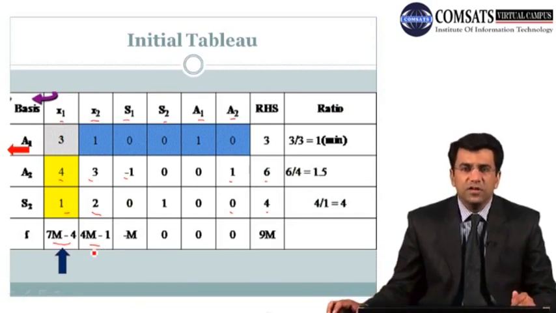So what I want you to understand is that these values, 7m minus 4 and 4m minus 1, are still positive values.